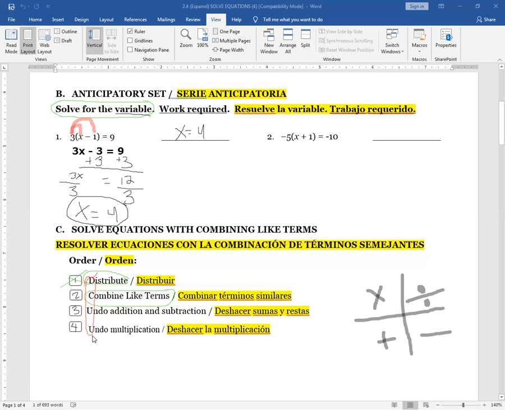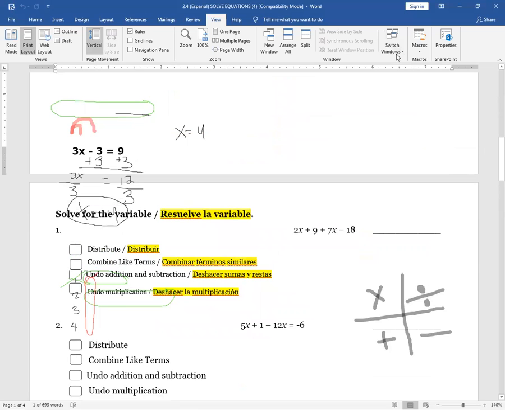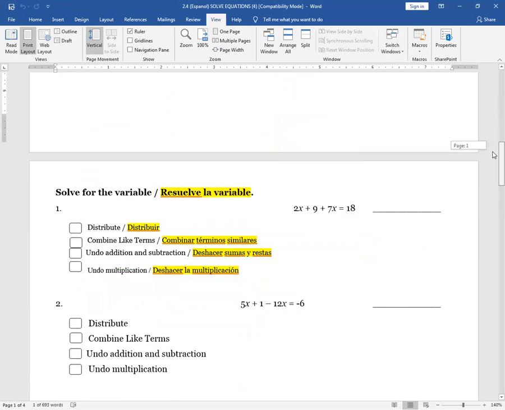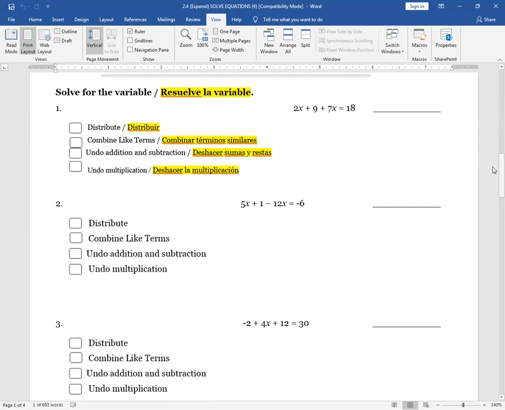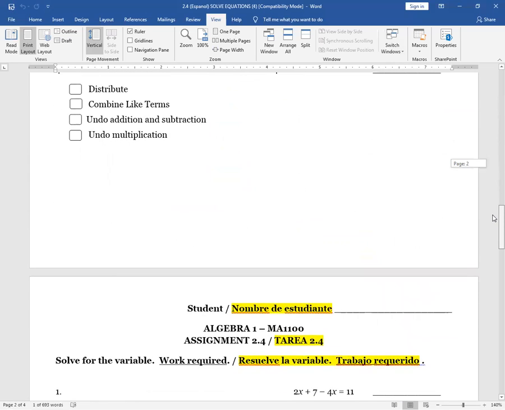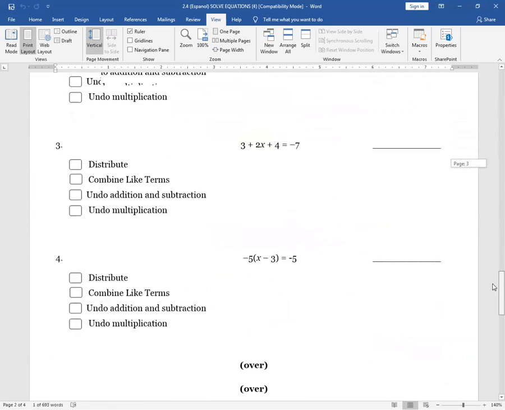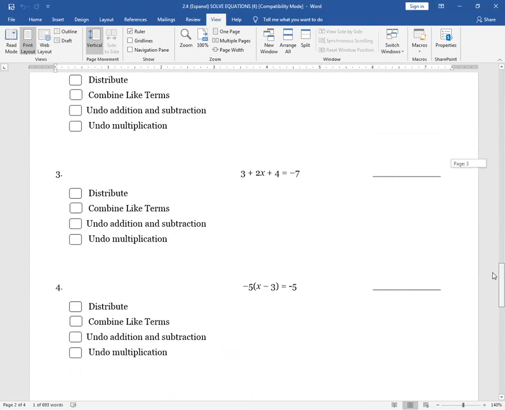If I look at the rest of these problems, and let me clear off a screen, you're going to DCUU all these problems. We're going to do that same strategy for these problems, okay?